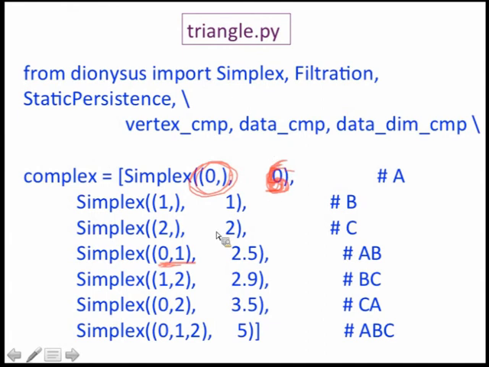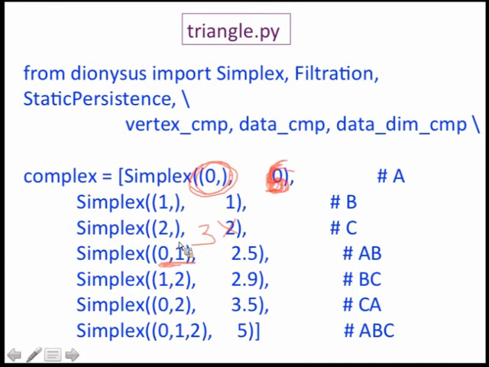If, however, I had changed this to a 3, in which case I would have created the vertex 0 first, then the vertex 1, then the edge 0, 1, and then the simplex 2, using that data underscore comp. If I did the one that respected the dimension, then it would have still done 0, 1, and 2.